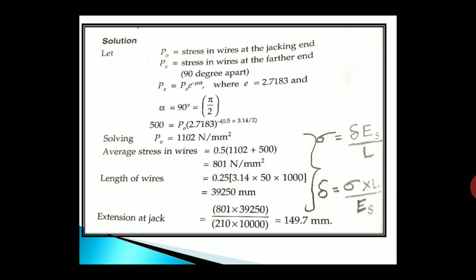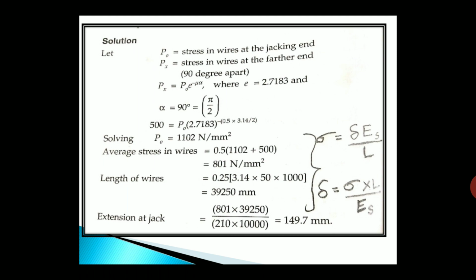Es is 210 kilonewton, which means 210 into 10 raised to 3. Not 10 raised to 4, you have to take 10 raised to 3. We get an extension of 149.7 mm. That means the jack will undergo an extension of 149.7 mm. So that is the second answer which we required.